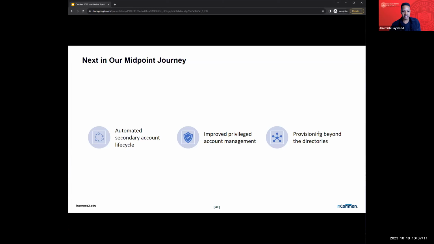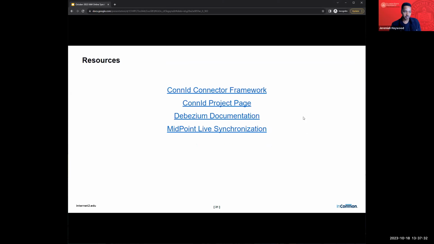And then lastly, provisioning beyond the directories. Currently right now, we're just provisioning Active Directory and our LDAP server, but I know there's a lot of connectors out there that the community has worked on, as well as Evolveum for account provisioning. So being able to use those would be great.